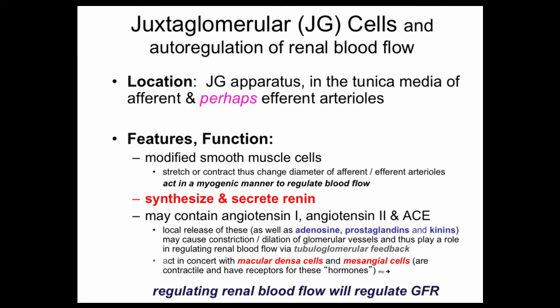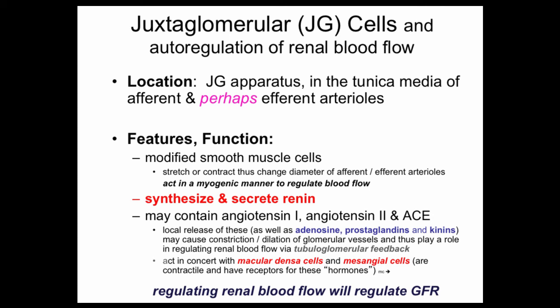You also know that renin is involved in the renin-angiotensin system. The JG cells may also contain angiotensin 1, angiotensin 2, and angiotensin converting enzyme. And local release of these substances, as well as substances like adenosine, prostaglandins, and various kinins, may cause constriction or dilation of the glomerular vessels.